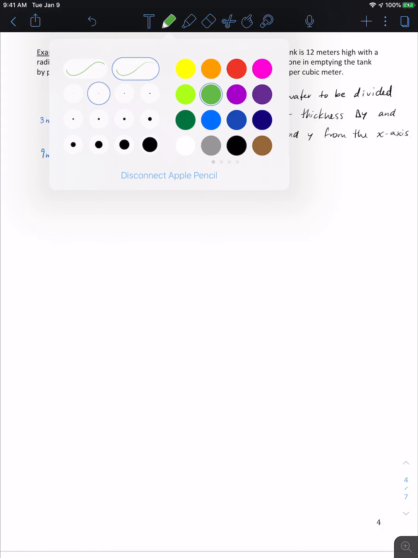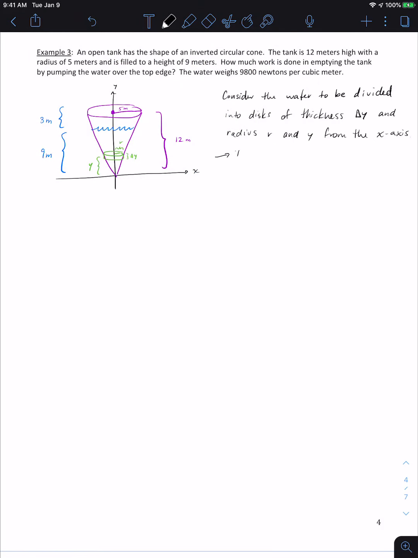So to solve this problem, what are we going to do? To solve this problem, we will determine the work to push each disc of water out of the top of the cone, right?